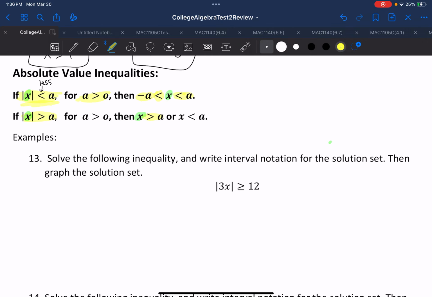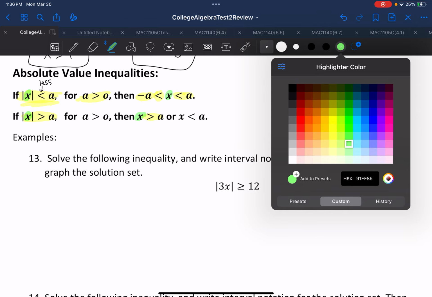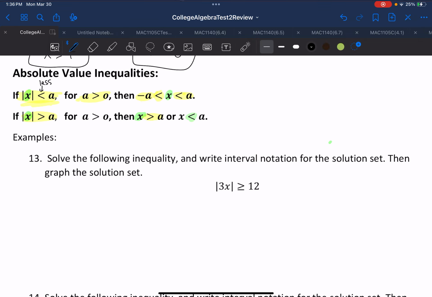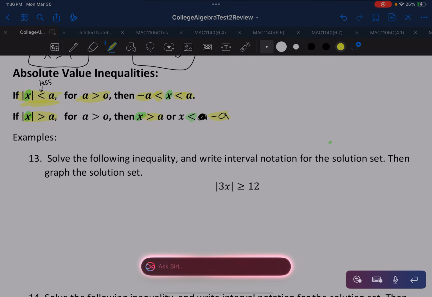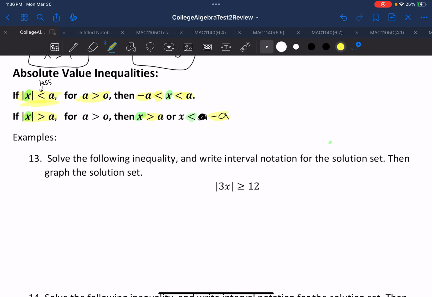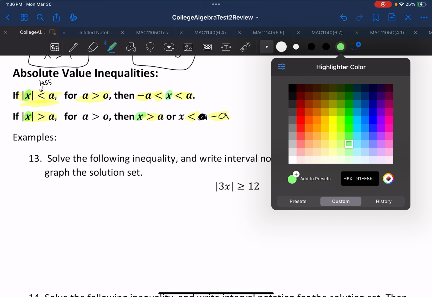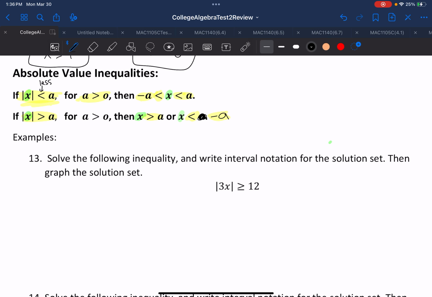Or we take the x and we set it less than negative a. This should say negative a. So on the negative version, we have to flip the sign there.